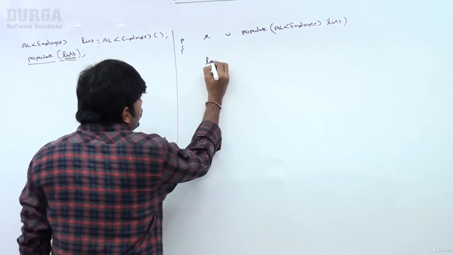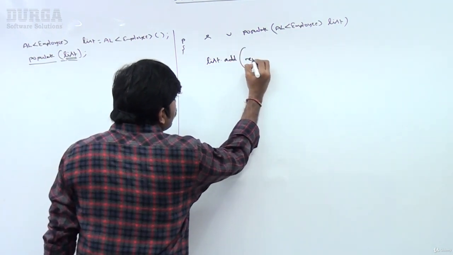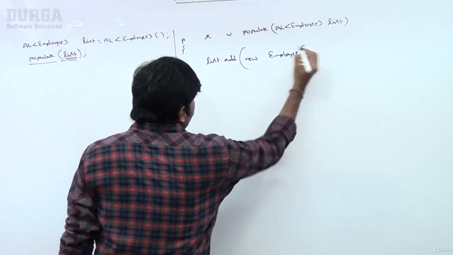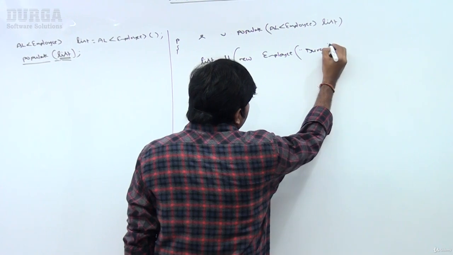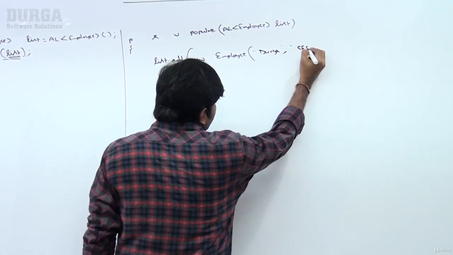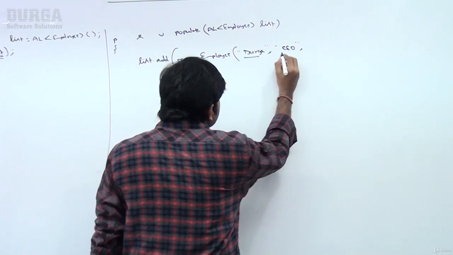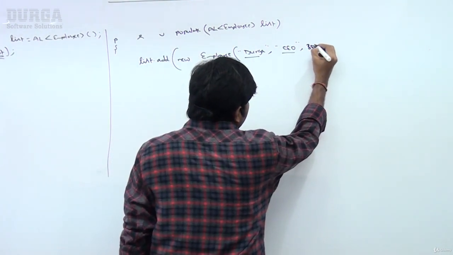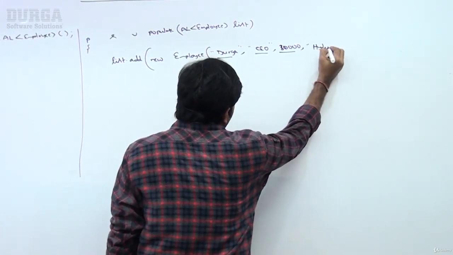Just observe that list.add new employee. Okay, first employee Durga, designation CEO. Next, the third one, salary 30,000, location Hyderabad.